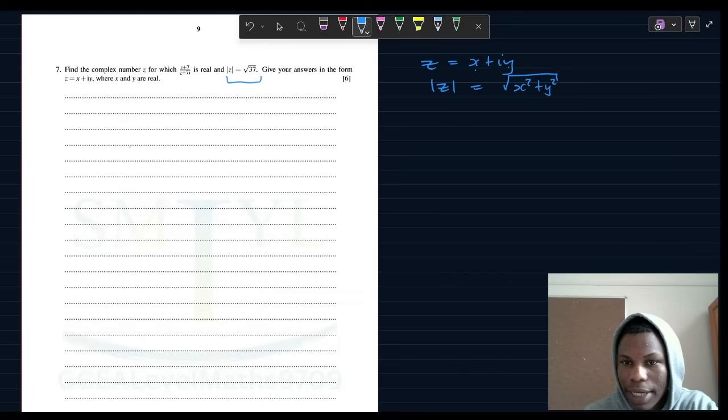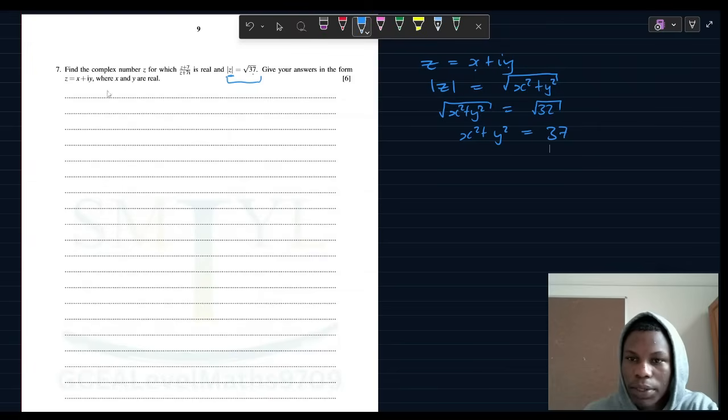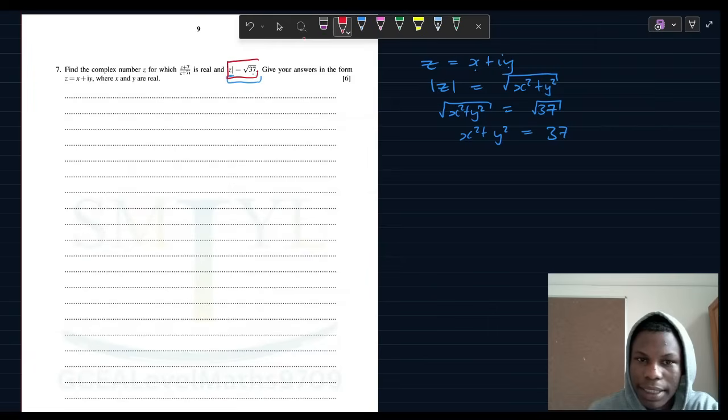In this case, they have given us that the square root of x squared plus y squared is equal to root 37. And so if we just square both sides, we get that x squared plus y squared is equal to 37. Okay, so that's what this bit of information is telling us. It gives us this equation here.